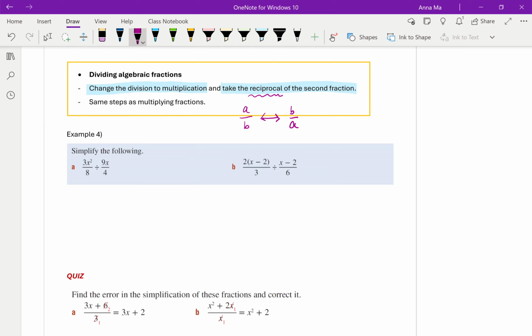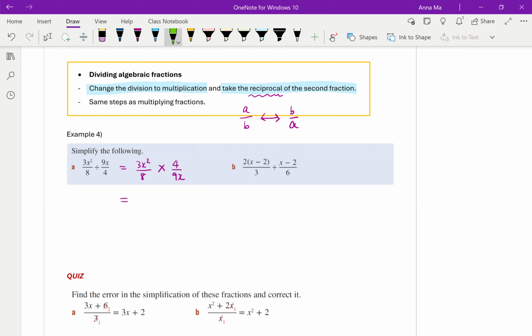So have a look at example 4a. The very first thing we do is to keep the first fraction, change the division to multiplication, and take the reciprocal. So flip the second fraction upside down. And once you get step number 1 done, the rest is just the same as the previous examples. You cancel out and then multiply across.